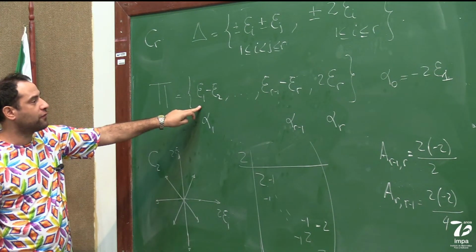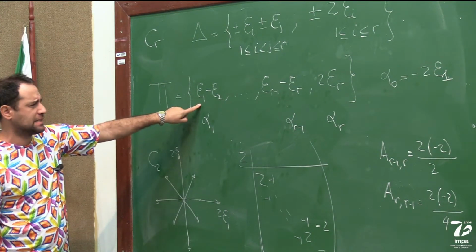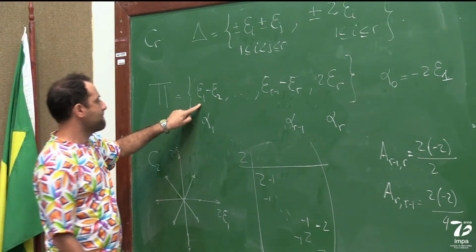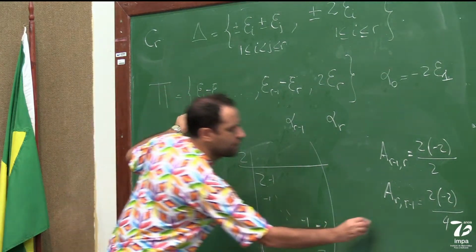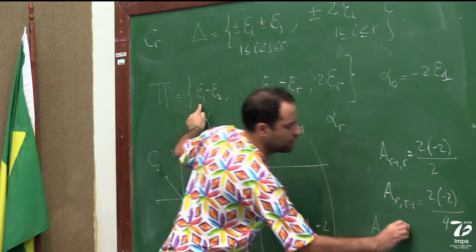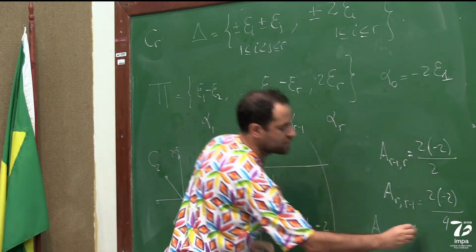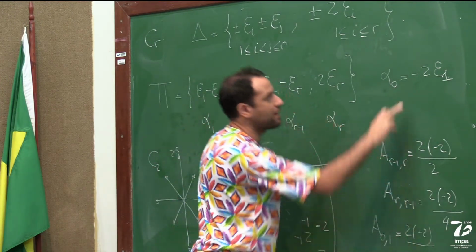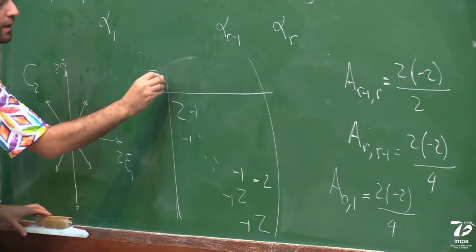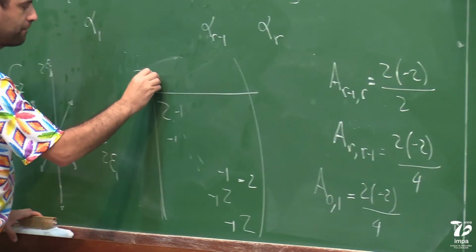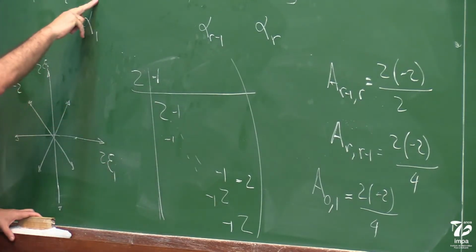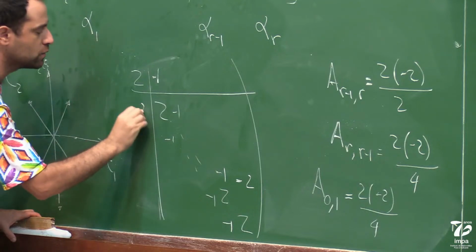So the inner product of alpha 0 with alpha 1 is minus 2. So I need to do A0,1 is equal to 2 times this inner product, which is minus 2, divided by the square length of alpha 0, which is 4. So I get a minus 1 here. And if you do this for A1,0, you're going to need to divide by the square length of this, which is 2. So you're going to get a minus 2 here.